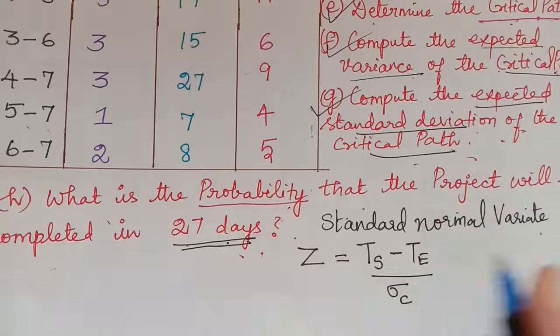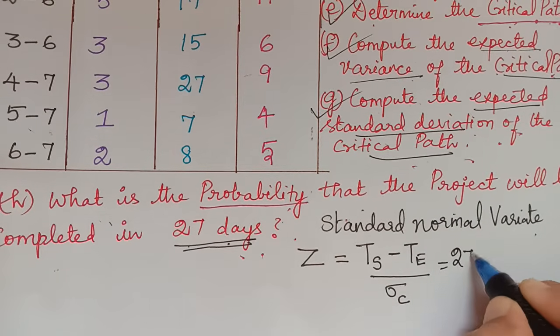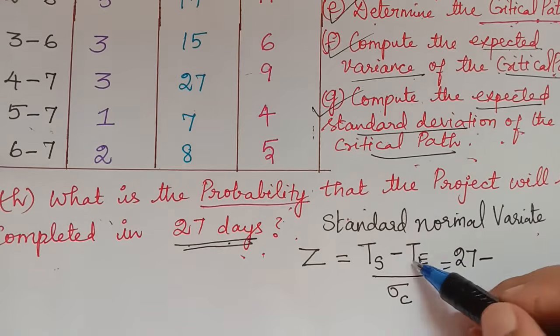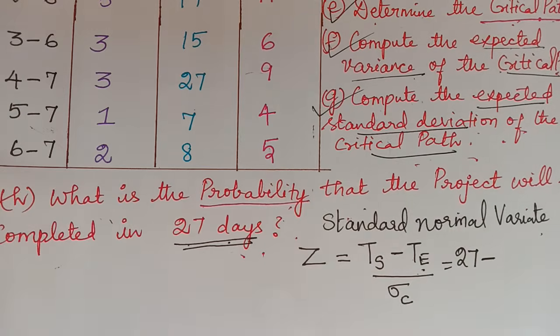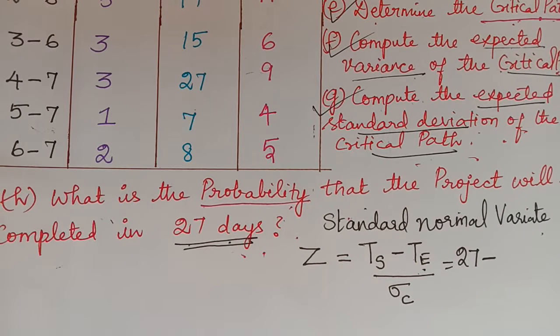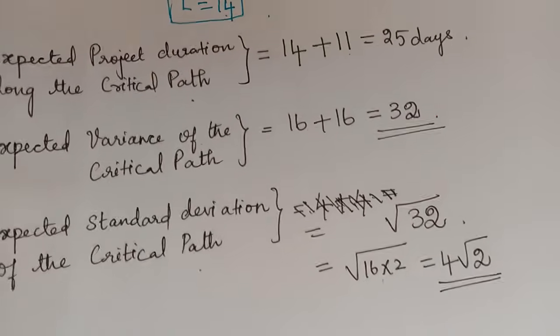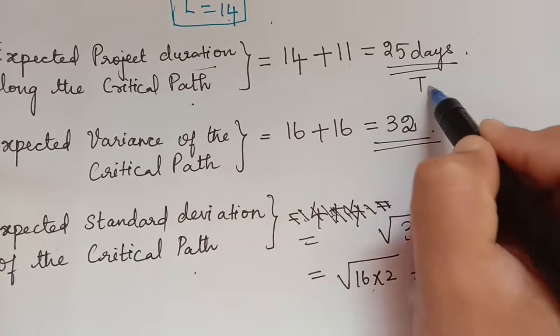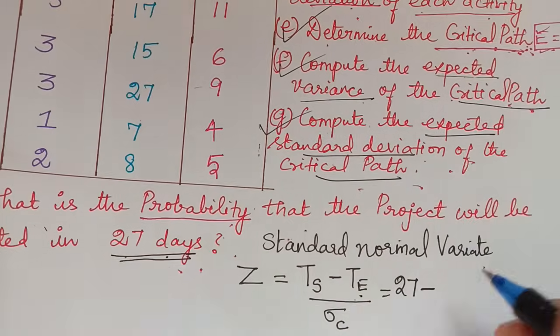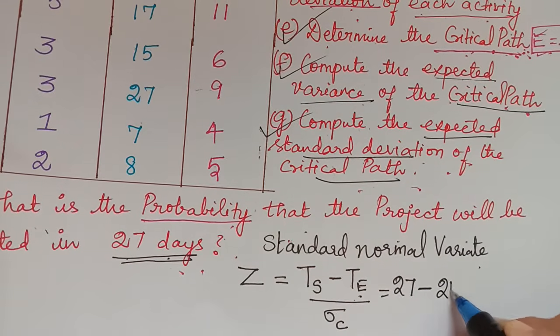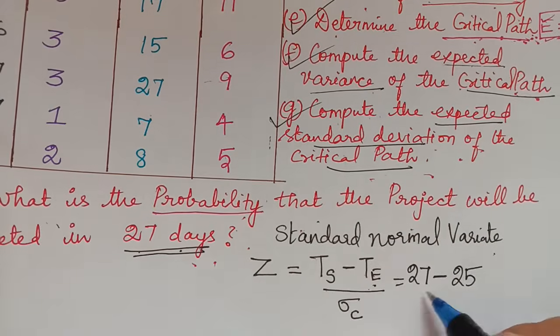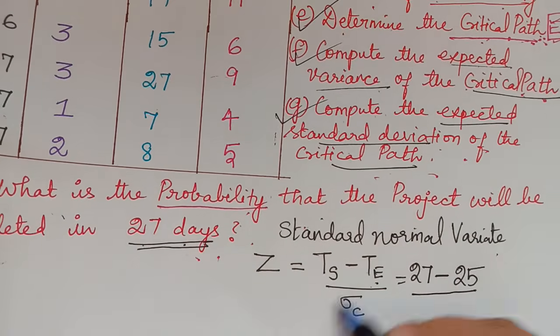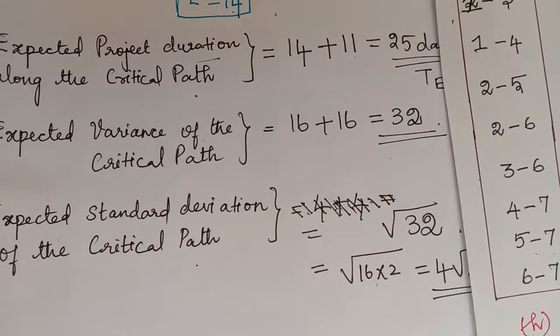27. So this will be equal to 27 minus TE. TE is the expected duration that we have calculated here. What was that expected project duration? This is TE, that is 25 days. So TS minus TE, which is 27 minus 25, divided by the expected standard deviation that we have calculated here.